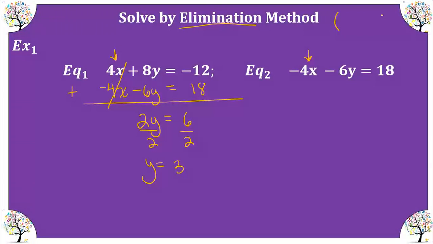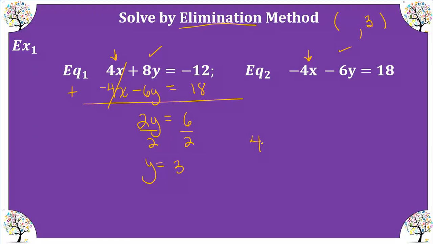So let's make a place for our solution, our point of intersection. Again, make sure you put the right variable in the right spot of your ordered pair. Now I'm going to take the value that we just found and plug it into either equation 1 or equation 2. I'm just going to work with equation 1. It doesn't matter which equation.